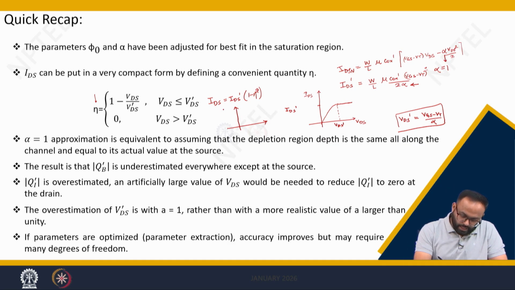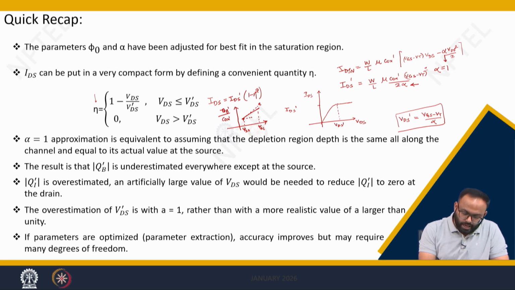We said that if we plot minus QB dash by COX, then this graph looks like this between surface potential psi S0 and psi SL, and we need to properly capture this QB dash behavior. There are a few possibilities. One is the line A, where we are considering source as a reference.